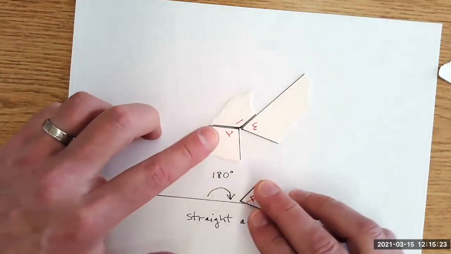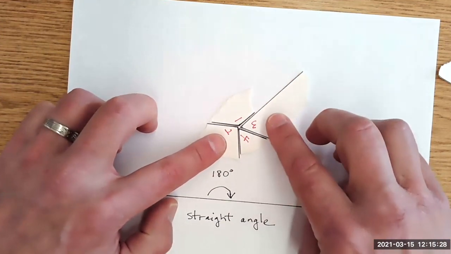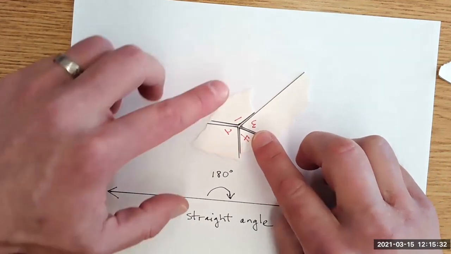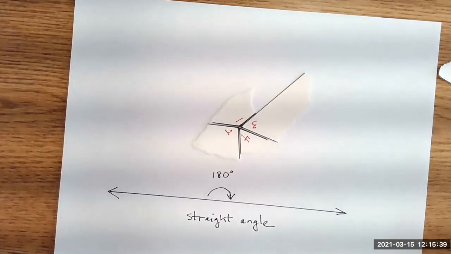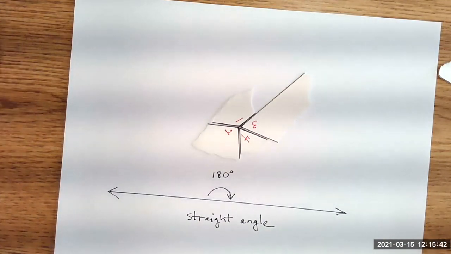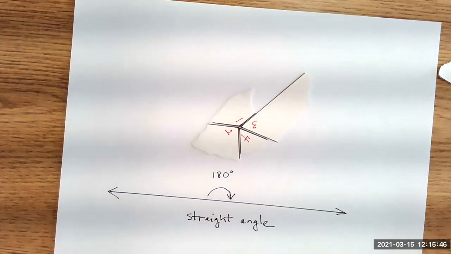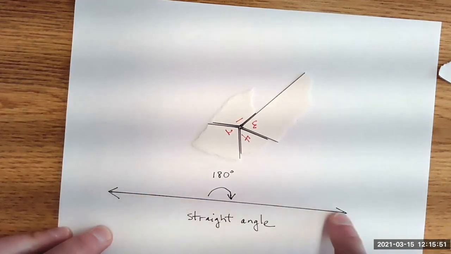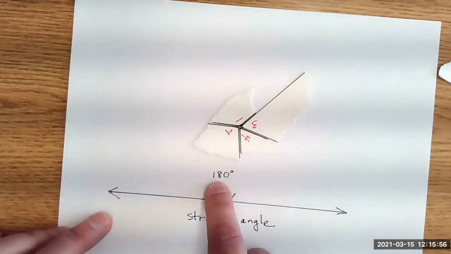Notice the vertices of each of these angles are all meeting at that one point. I can prove that the sum of the angles of all quadrilaterals is 360 degrees. And then you see this pattern: 180 for a triangle, 360 for a quadrilateral, 540 for a pentagon, and 720 for a hexagon, and so on. Every time we add a side to a polygon, we are adding 180 degrees.